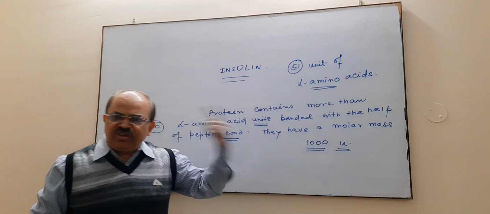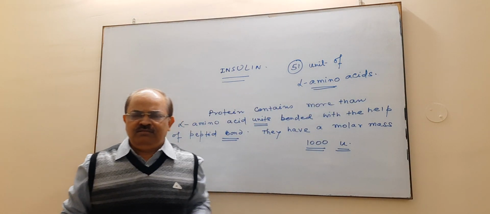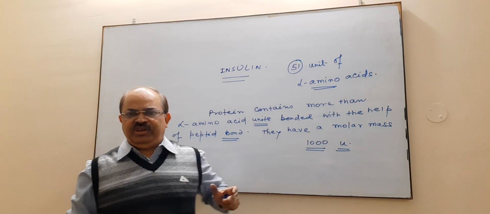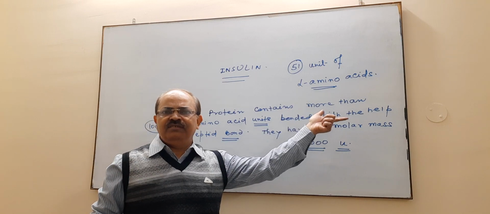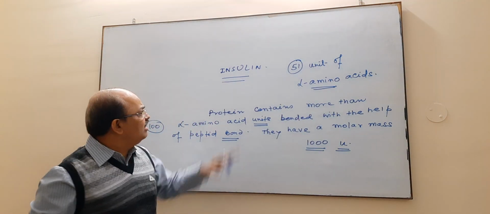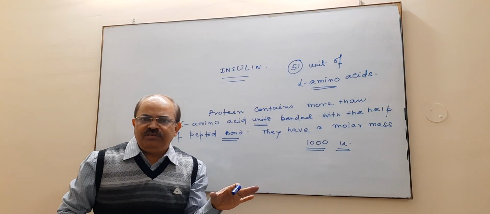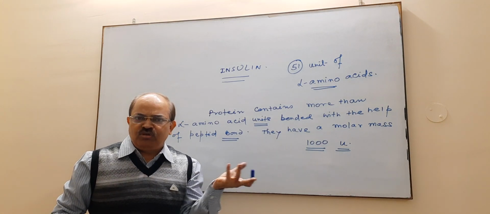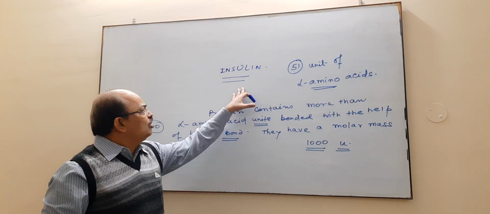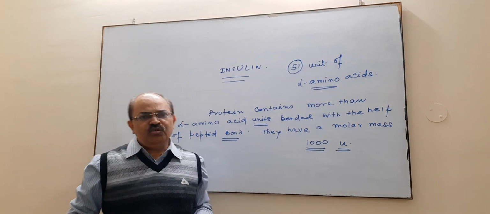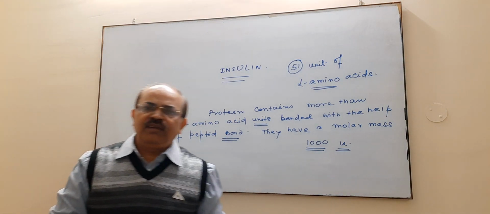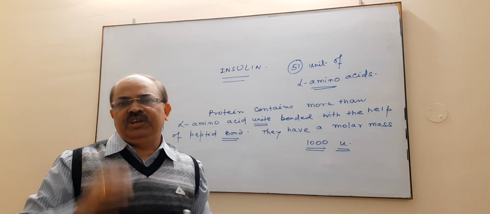In general we can say that proteins have 100 or more alpha amino acid units, but insulin is a protein, it's very important, which contains 51 units of your alpha amino acid.